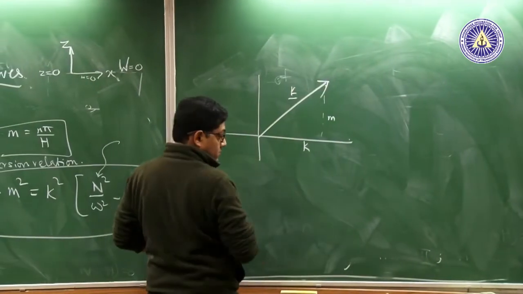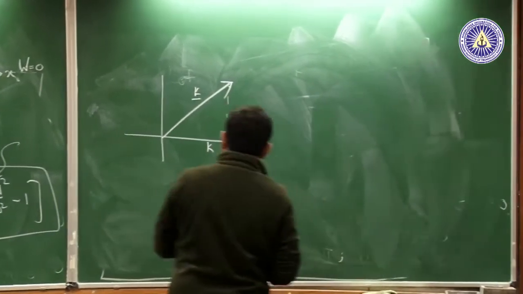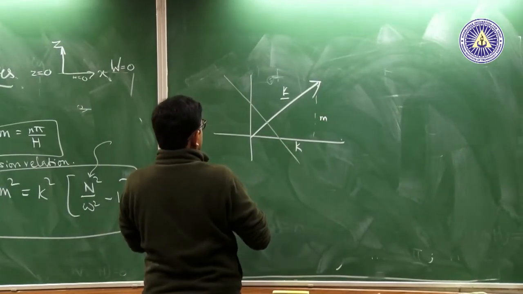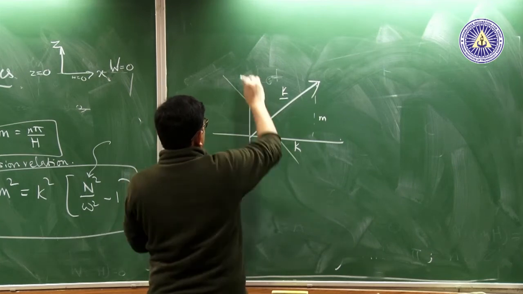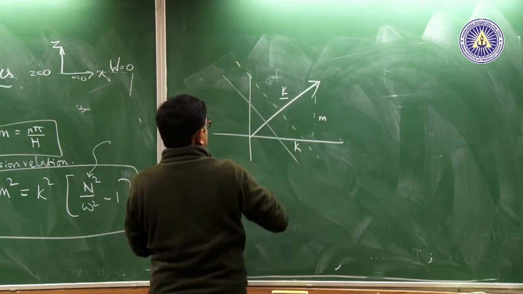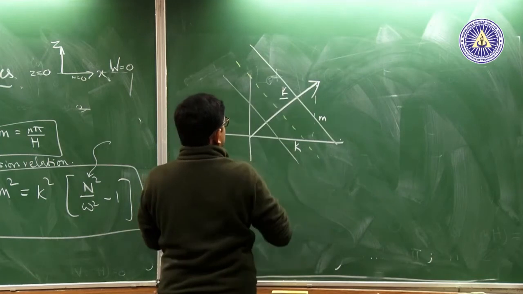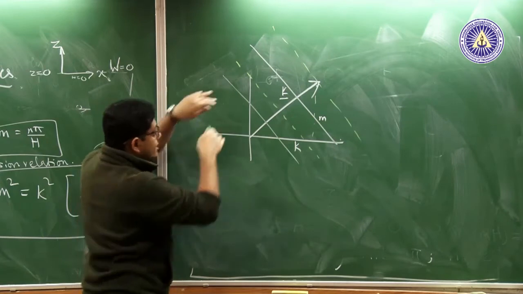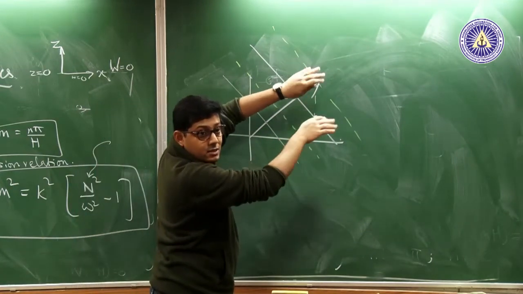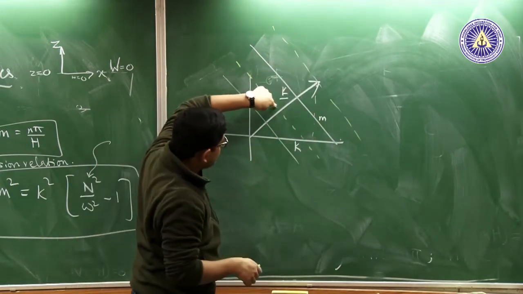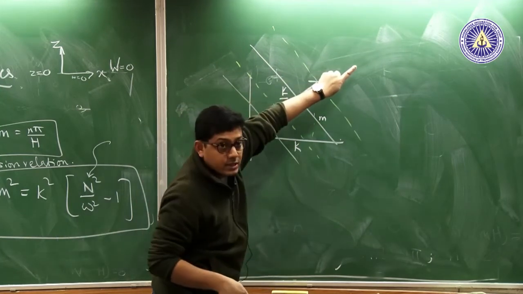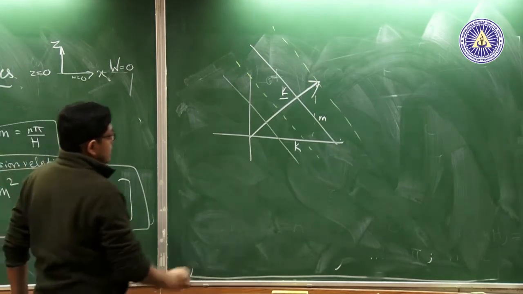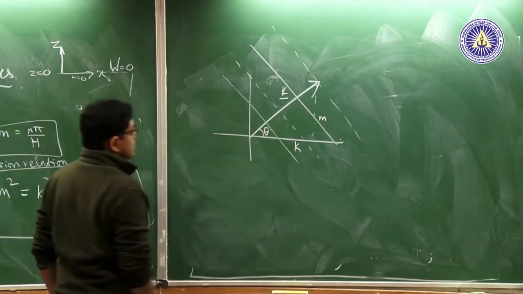So assume that this is my crest and this is my trough, again crest, trough, and so on. It's like a corrugated sheet going like this, you are taking a top view. So this is your trough, this is crest, and this is the direction of the k vector, and say this angle is theta.